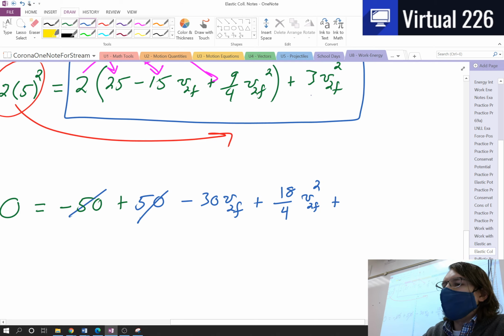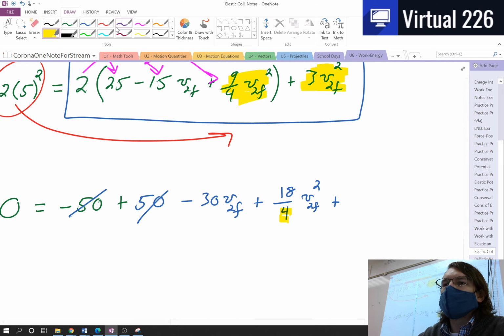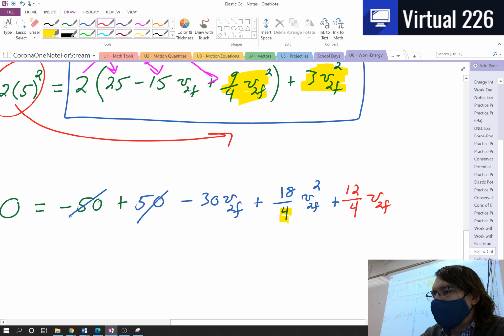And then I could write this as 3 V2F squared, but I'm going to have to combine these V2F squareds and these V2F squareds. And since I have this denominator of a 4th in the bottom, let's take this 3 and turn it into something over 4. To make that common denominator, that's going to be 12 over 4 equals 3. So I'm going to get 12 over 4 times V2F squared.